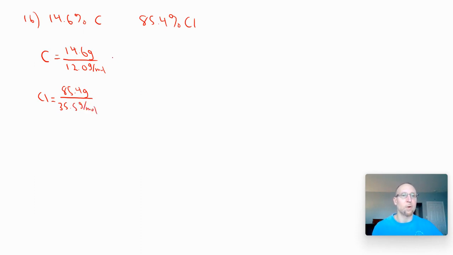Now remember, for any calculations from here forward, don't round anything off until the end. Take like 4 or 5 decimals off the calculator if you have to, but don't round until the end. So 14.6 divided by 12 gives us 1.21667 moles.